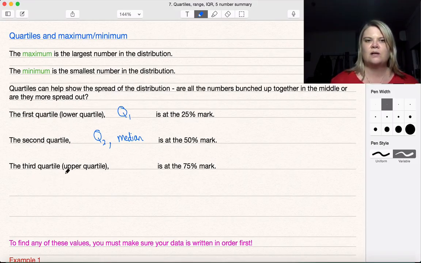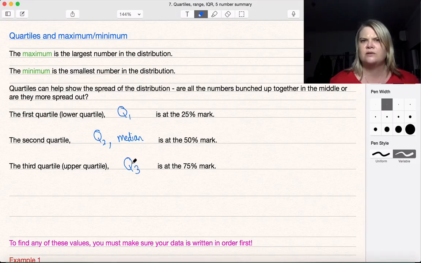The third quartile is known as the upper quartile, and that one is Q3. So when we're talking about quartiles, we usually only talk about Q1 and Q3, but I wanted to put Q2 in there because often people say, well, here's Q1, here's Q3, Q2 must be somewhere in between, where does that fit in?